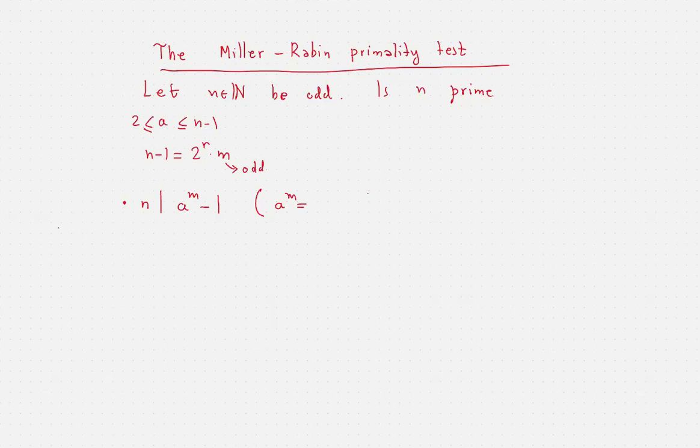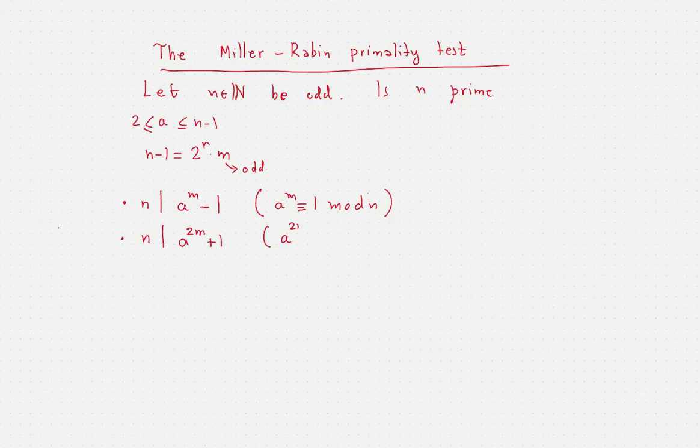Does n divide a to the 2m plus 1? Again, it's the same thing as asking whether a to the 2m is congruent to negative 1 mod n.